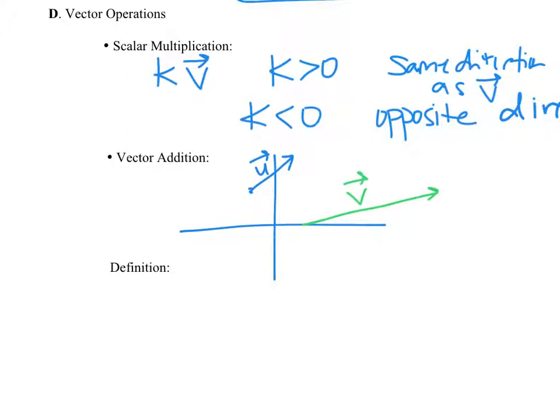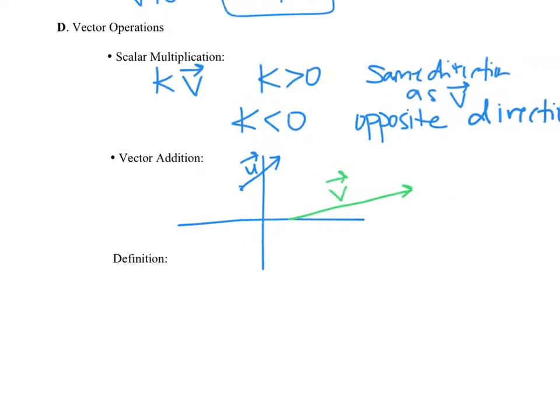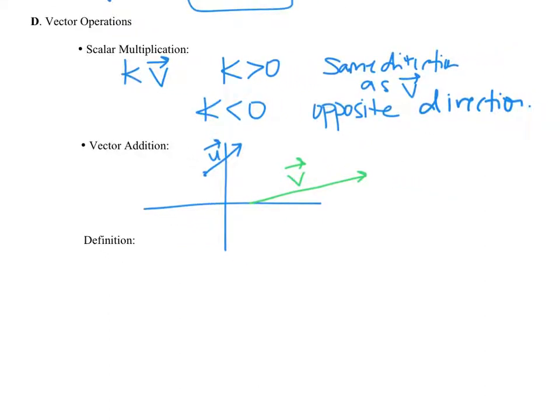The parallelogram law says that you take those and you move one of them to the other one. So we keep u where it's at, and then we take vector v, and you can put v either on the tail or the terminal part of it. And so I can put v right here.